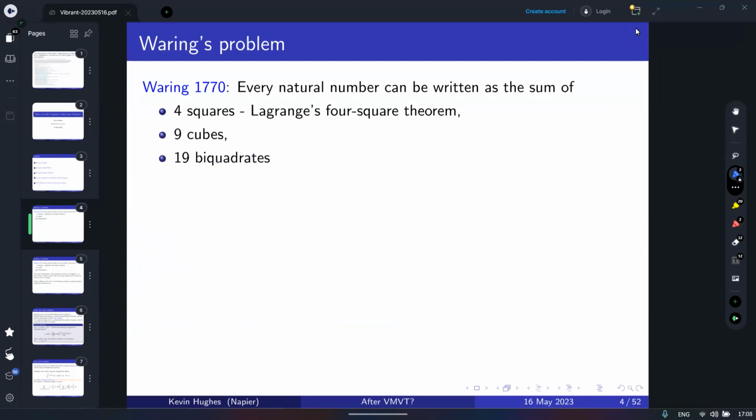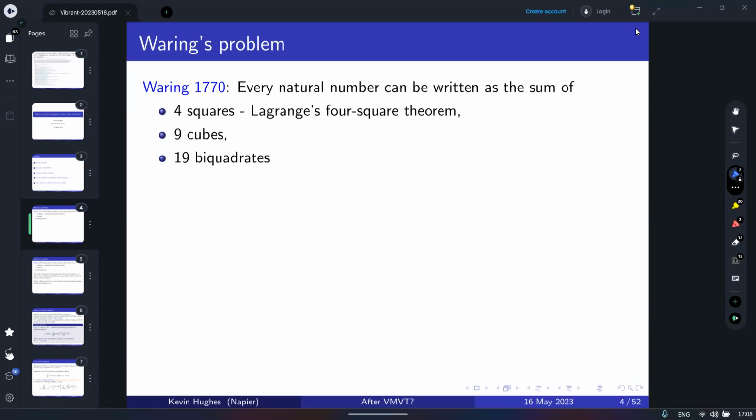So Waring's problem is now 3.5 centuries old, and it's the following assertion: you can write every natural number, so every positive integer, as a sum of at most 4 squares. I'm allowing zeros, like 0 squared, representing your number.